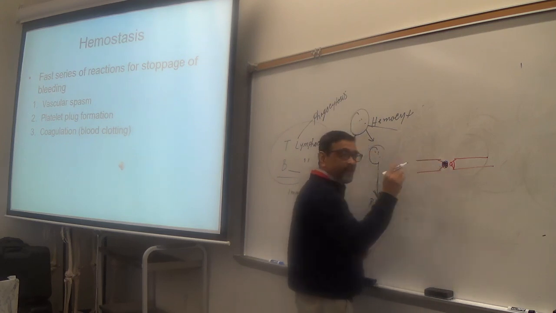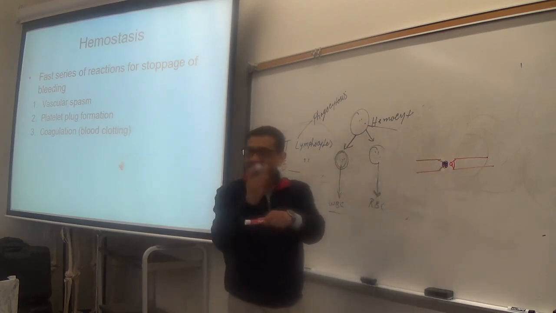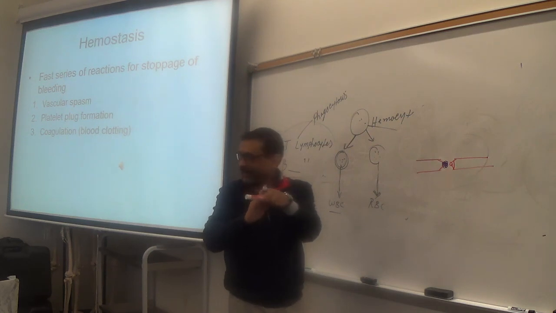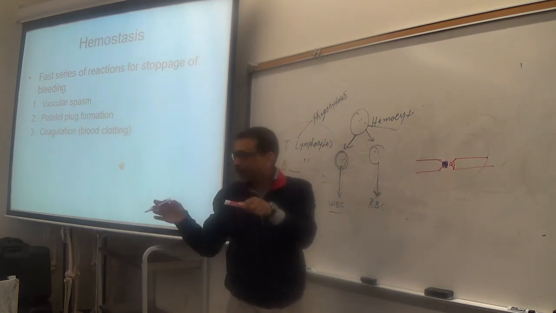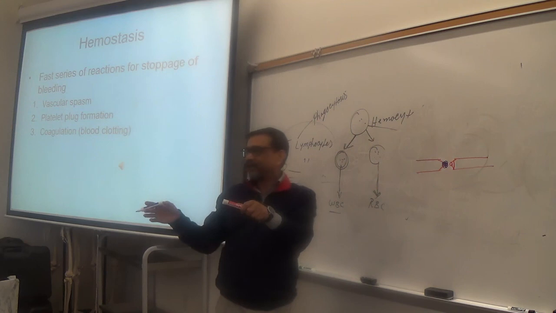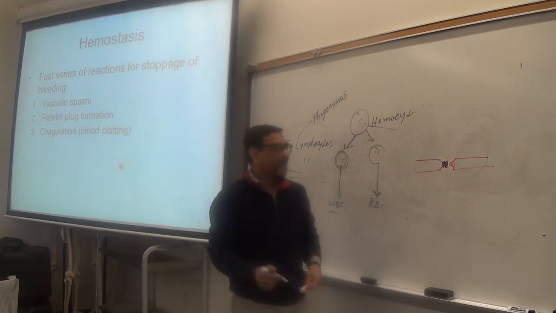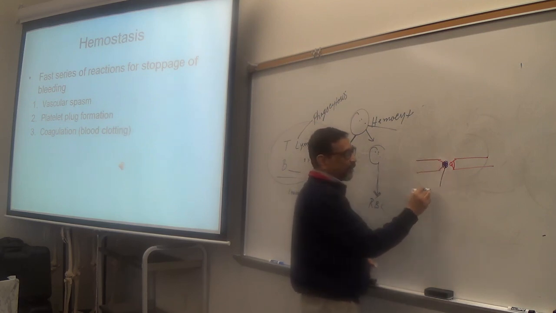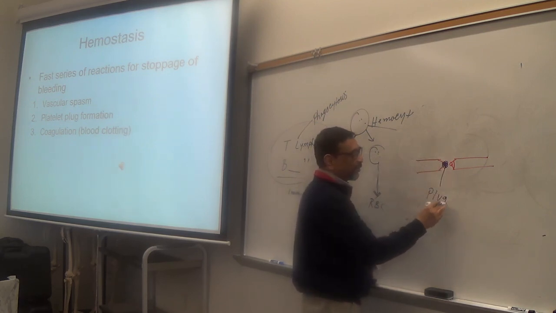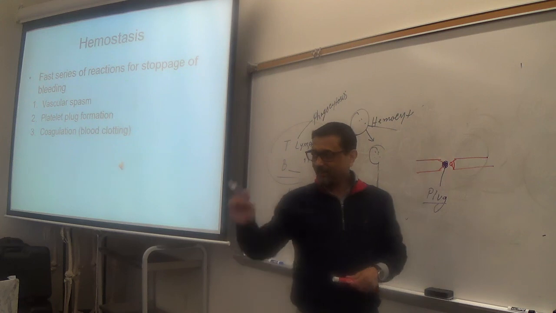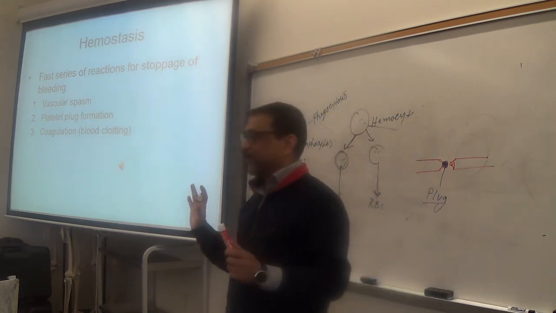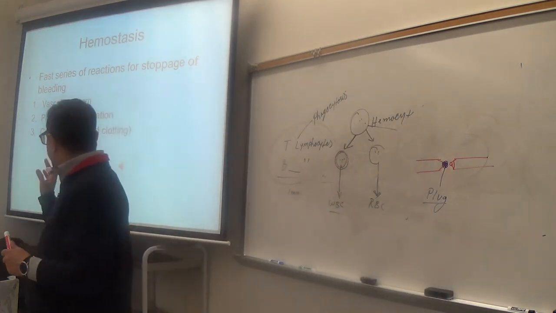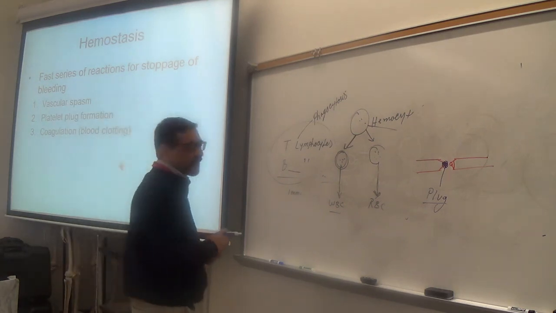Platelets love rough surface. When you get a cut, that surface gets rough, right? So platelets love what? Rough surface. So they get attached to that surface, and that is called the platelet plug. That will seal the opening. Make sense?